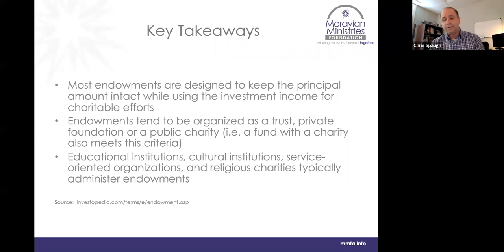The first endowment, for those historians listening in, was actually created by Marcus Aurelius back in 176 AD, and it was to fund schools of philosophy in Athens. The oldest endowments that I'm aware of that are still in existence were actually done by King Henry VIII and his family.